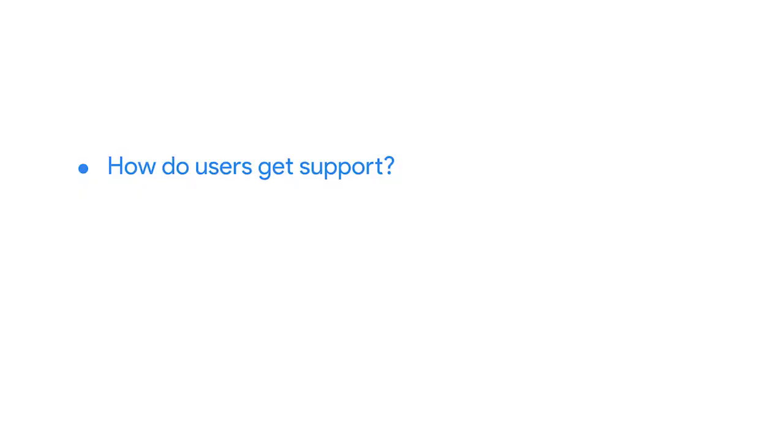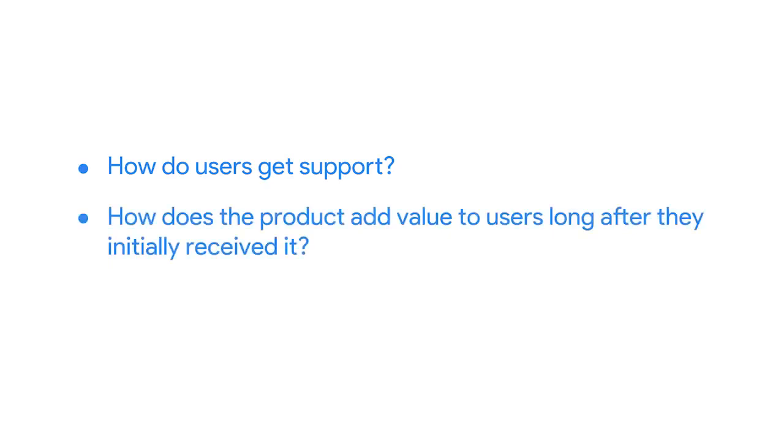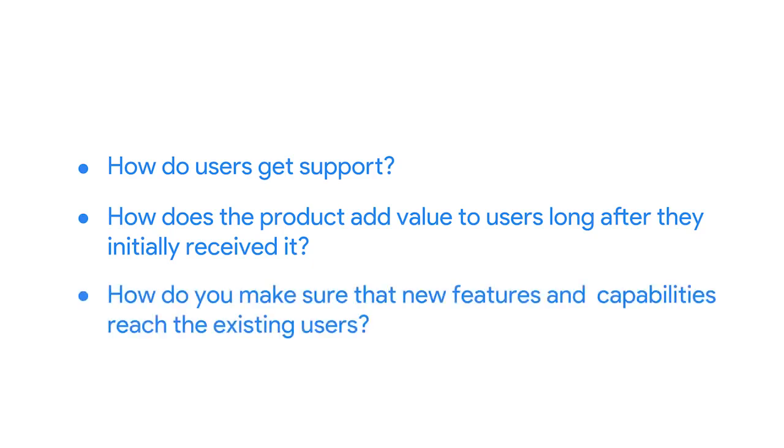How do users get support? How does the product add value to users long after they initially received it? And how do you make sure that new features and capabilities reach the existing users? Building the right thing, building the thing right, and running it right all work together to ensure that the team creates a steady and continuous delivery of value to users throughout the life of the product.